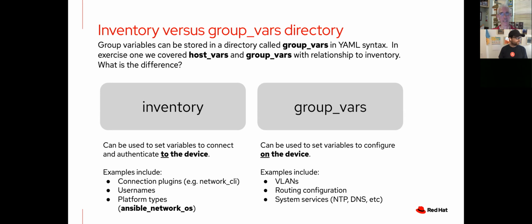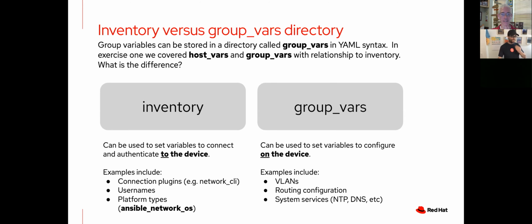That naturally leads to the question of, where do I put what? And it's really up to you. You could put everything in the inventory file. You could put everything in a group_vars file. Either way would work just fine. But in terms of general best practices, the advice is to take anything that's related to how you connect to the endpoint and associate that with the inventory.